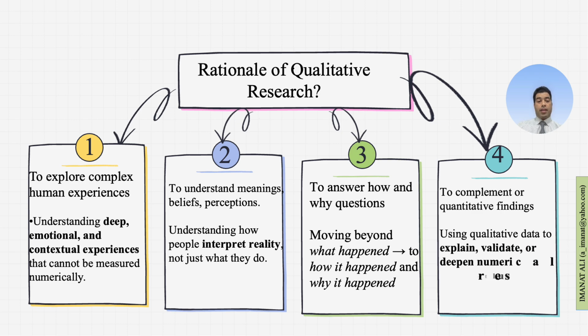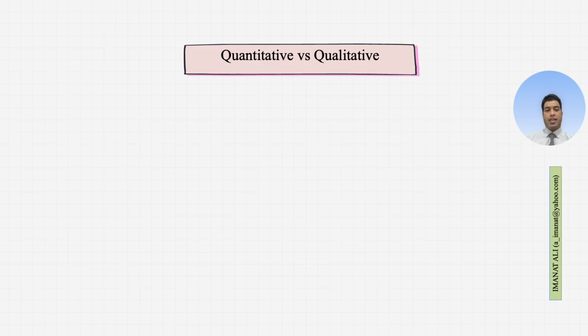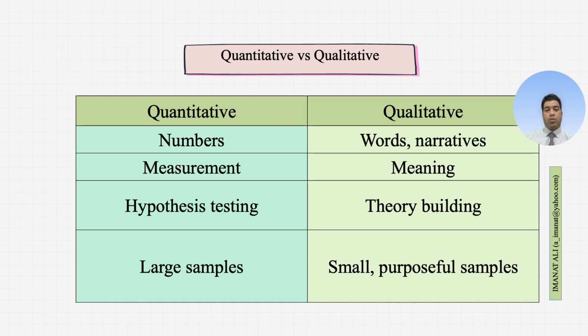Then we come to the next point, the difference between quantitative and qualitative research. The quantitative research method deals with numbers, however, qualitative deals with words and narrative. If we talk about measurement, quantitative data is used, and if we want to know about the meaning, qualitative data is used.